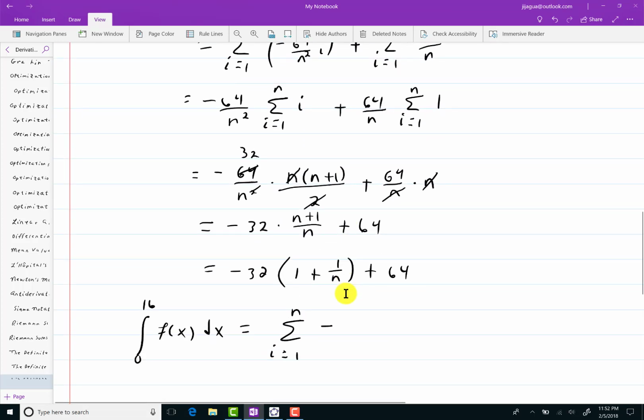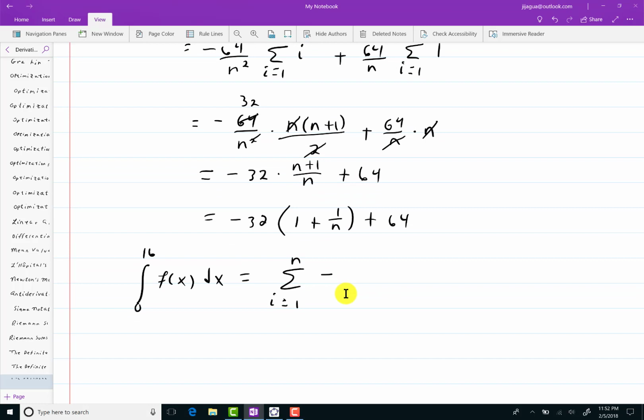It really doesn't matter. I'm going to write the actual form. It would be negative xi over 4 plus 4.